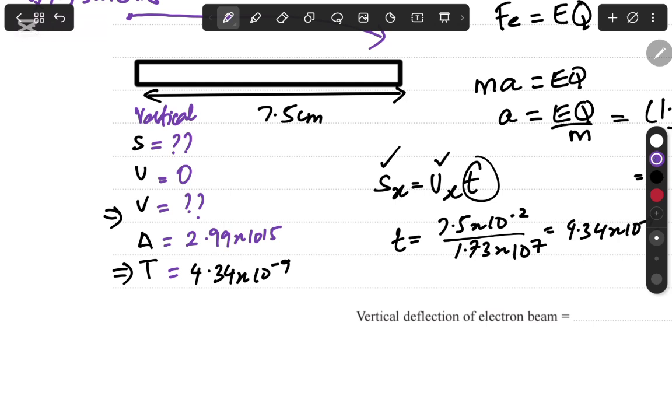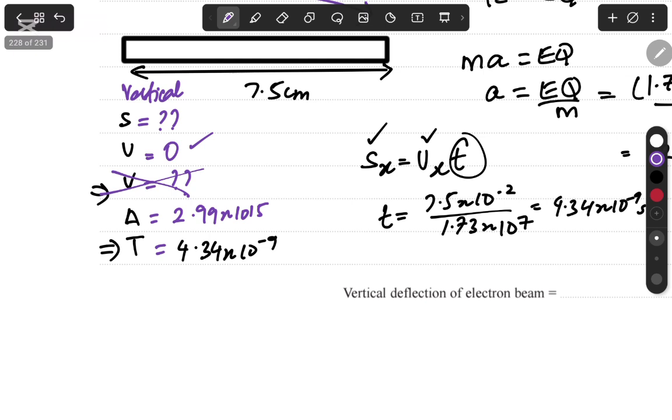So now we know 3 of these quantities. We know the initial speed, we know acceleration, and we know time, and we can just get rid of the final speed. So now we have an equation which has all of these, which is S is equal to ut plus half at squared. We can cancel this out because your initial speed is 0.